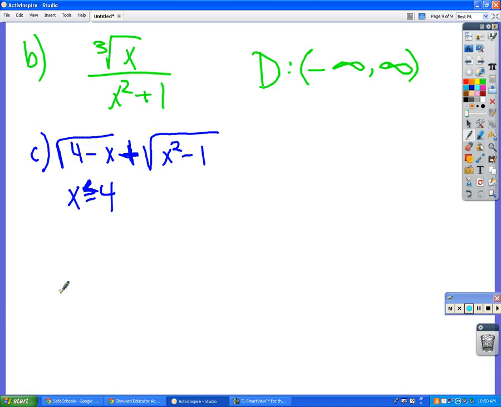Okay? This is a little trickier here. That is a difference of two squares, so we could factor that as x plus 1 and x minus 1, which means it would equal 0 when x equals 1 and x equals negative 1. So do I need to make sure that x is not bigger than those, or smaller than those, or in between those?